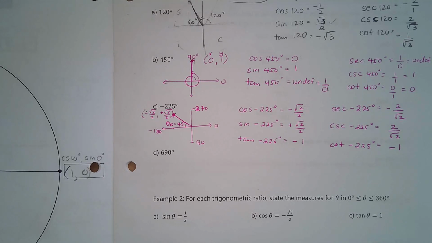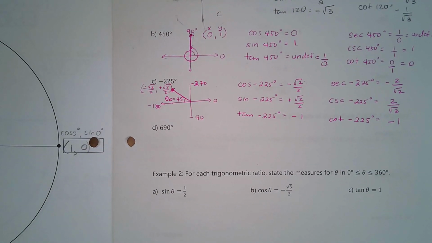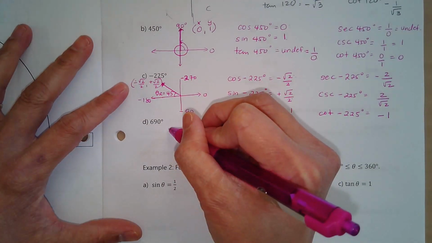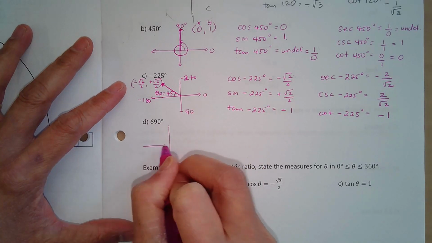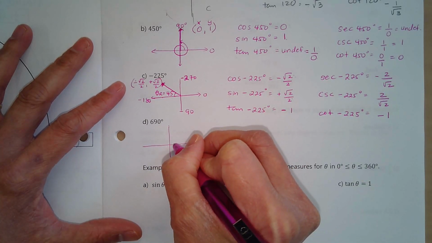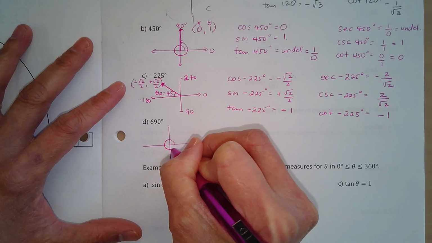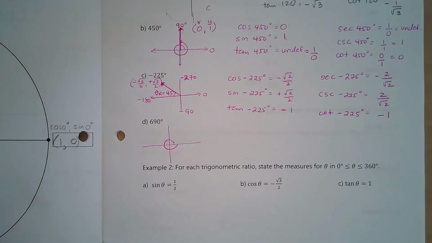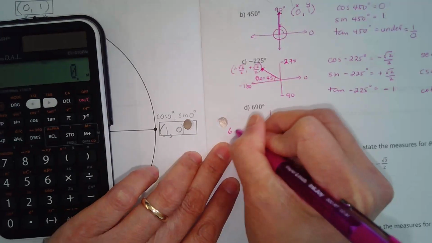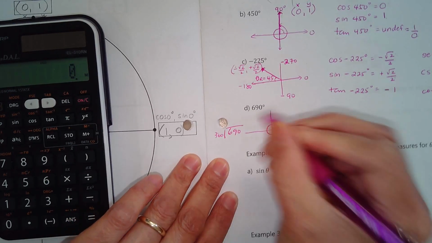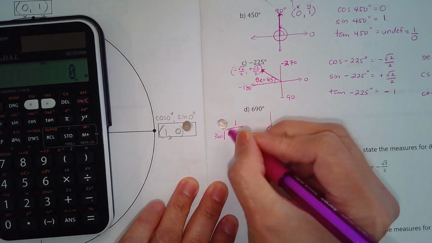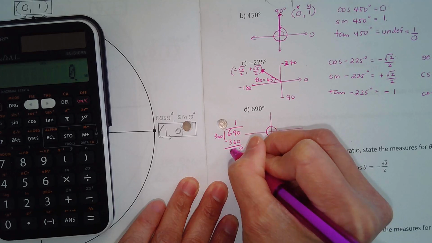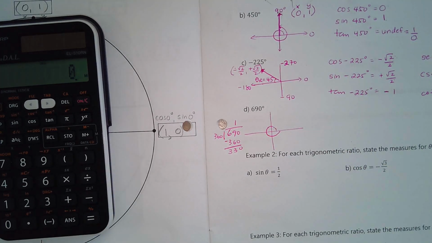So far. Okay, last but not least, 690 degrees, and it's positive, so it's going to rotate in the counterclockwise direction. So how many times would it go around 360? 690 minus 360 is 330 degrees.